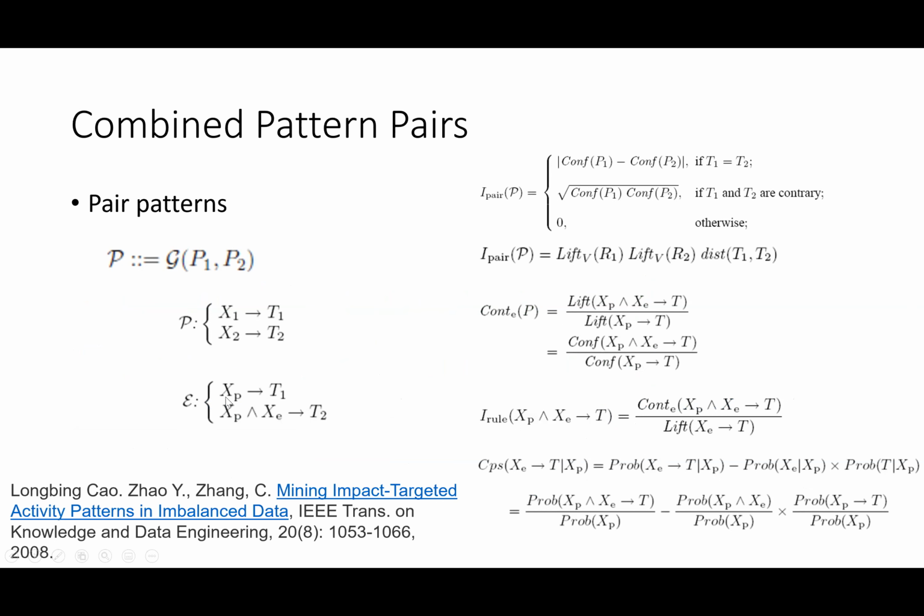For example, you have a pattern XP associated with a fraud, and then there's another activity happening after XP, and then it becomes maybe non-fraud, right? Or in the health medical situation, you see a medication XP taken, and there's a health condition T1 related to blood pressure or heart rate or whatever health condition indicators.